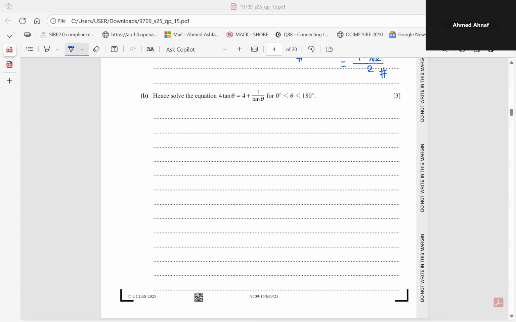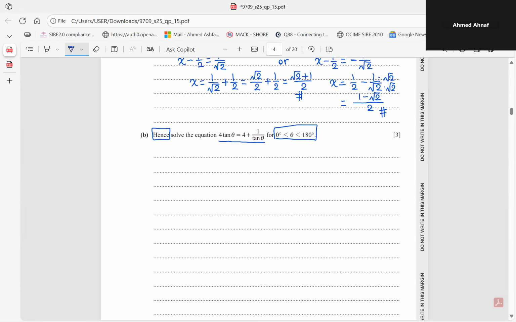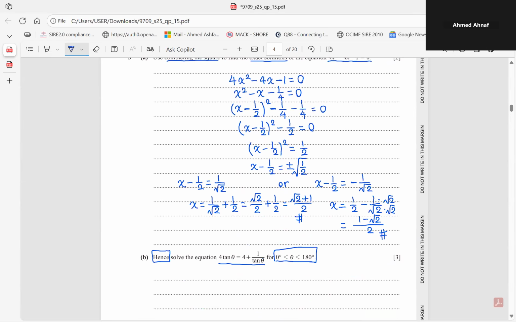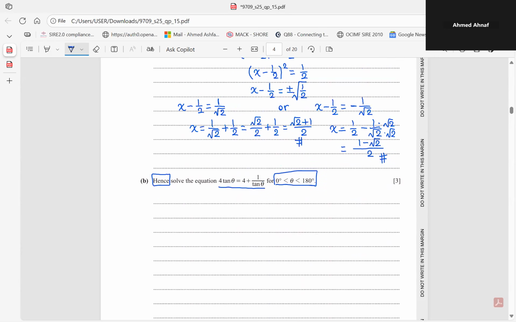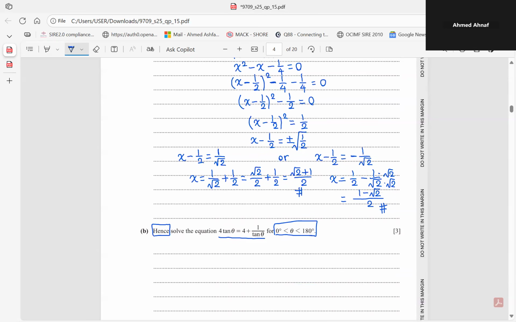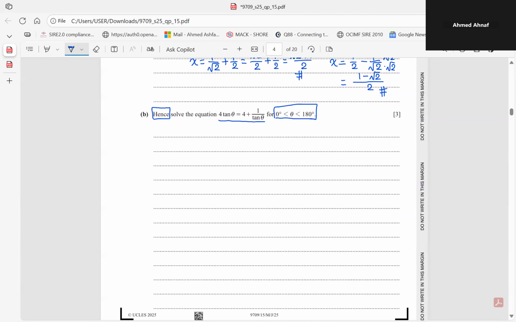Okay, so for this part, hence, we're gonna have to solve this trig equation for this domain of theta between 0 and 180. First of all, take note of the keyword hence. Hence means we're gonna have to use our answers from the previous part to solve this question. Okay, let's first write down the equation: tangent theta equals to 4 plus 1 over tangent theta.